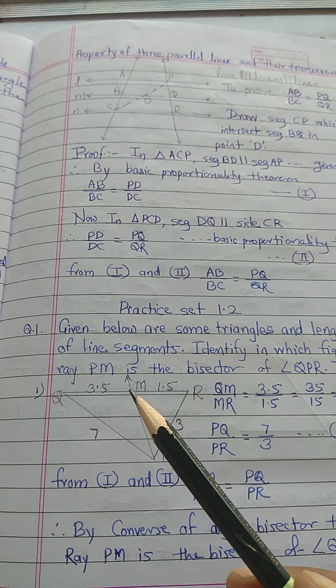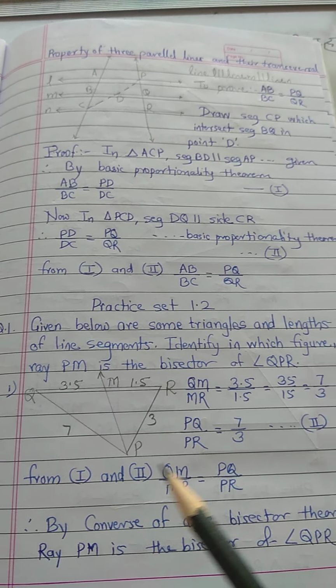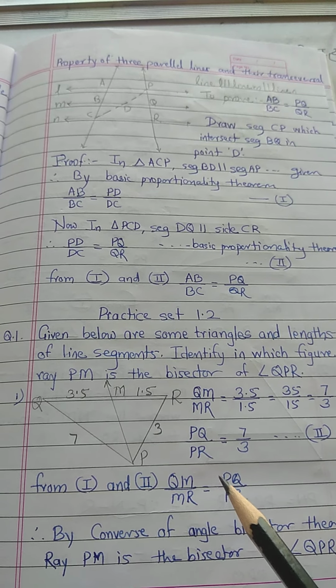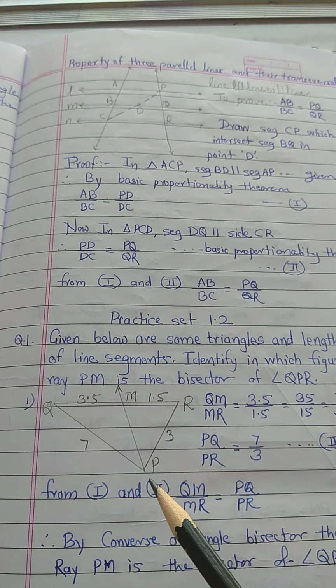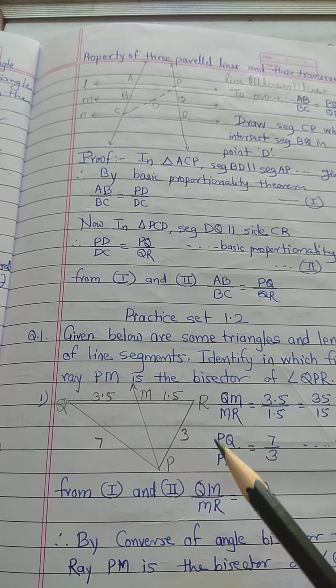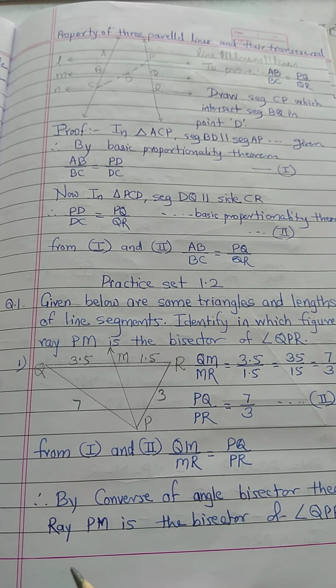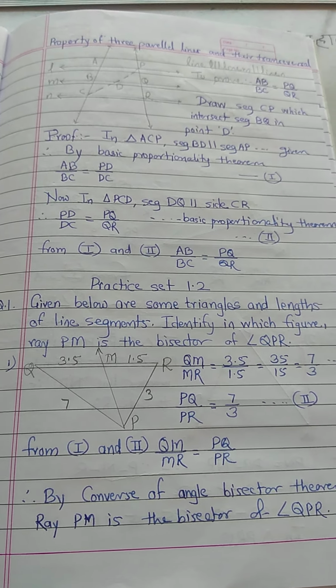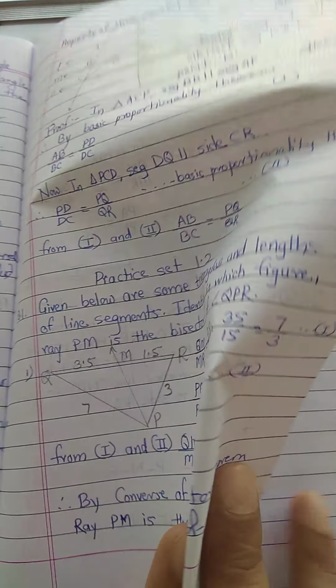Here QM upon MR equal to PQ upon PR from 1 and 2. As this ratio is the same, therefore ray PM is bisector of angle QPR by converse of angle bisector theorem. We can say that ray PM is a bisector of angle QPR. Roman 2.